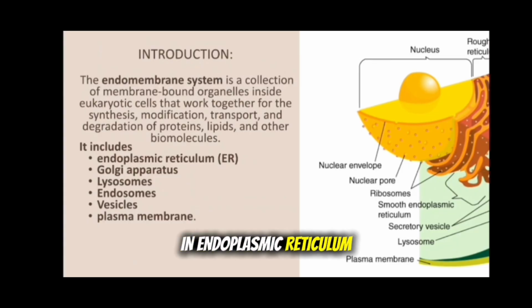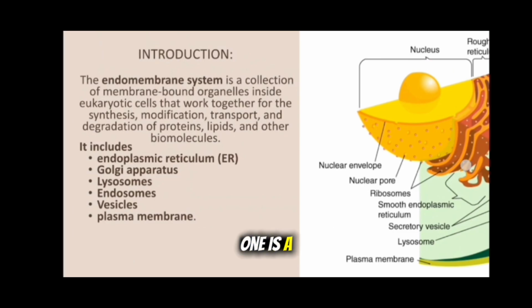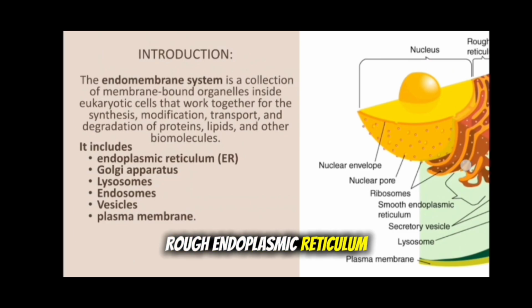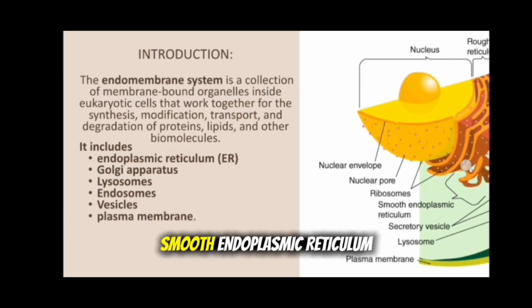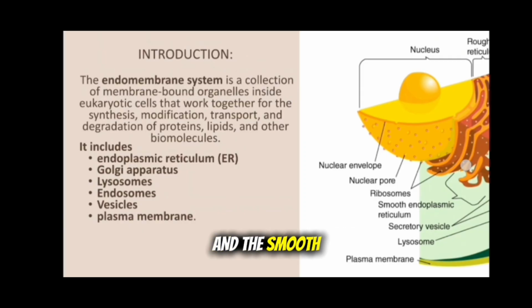There are two types of endoplasmic reticulum. The first one is the rough endoplasmic reticulum, which is the starting point of proteins, and the second one is the smooth endoplasmic reticulum, which is the starting point of lipids.